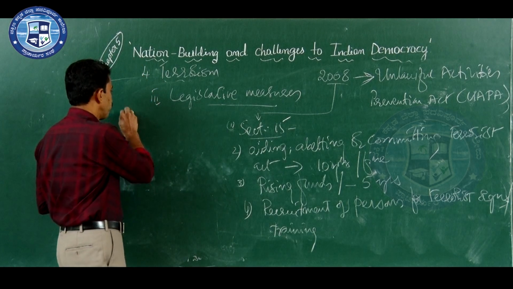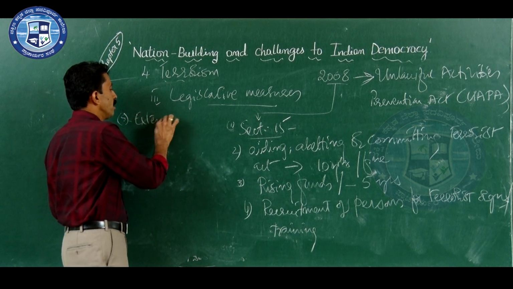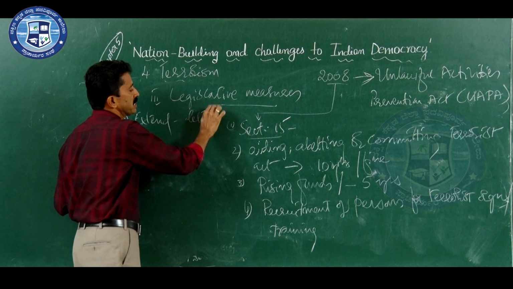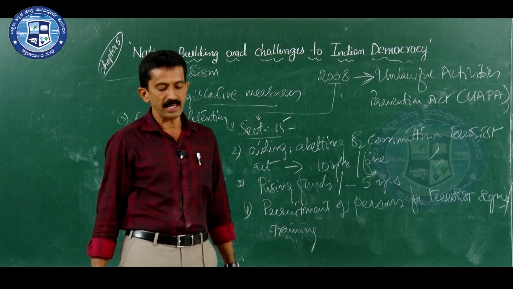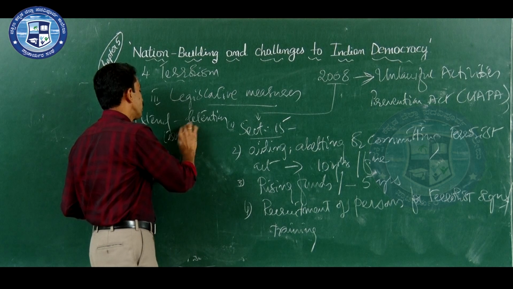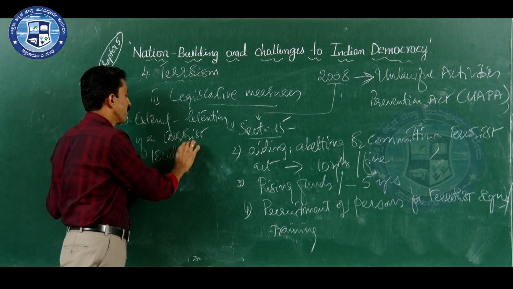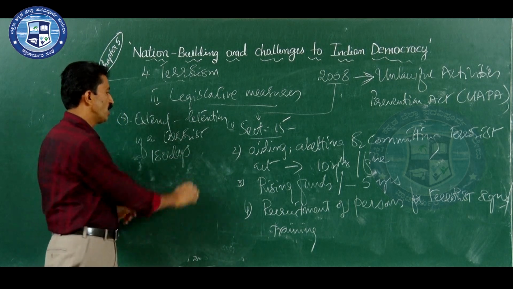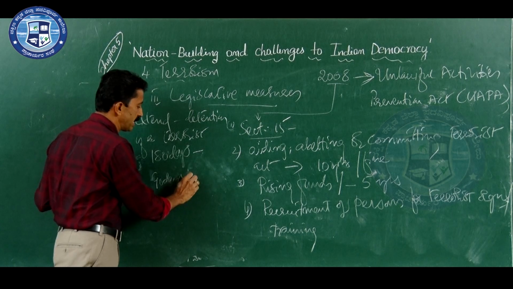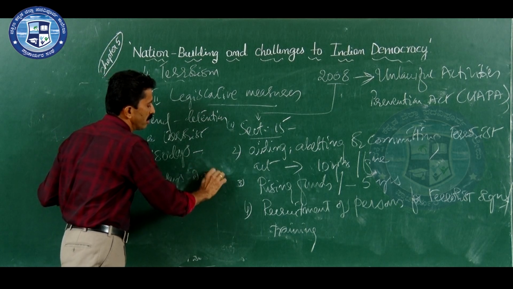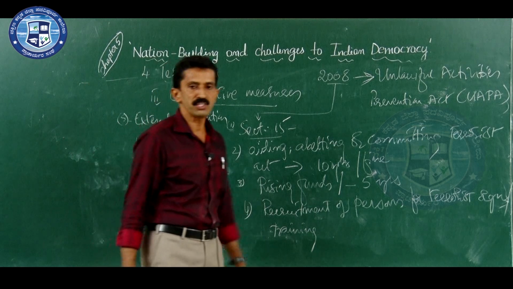Then the fifth provision is that the court may extend the detention of a suspected terrorist for 180 days, if 90 days is not sufficient for inquiry.